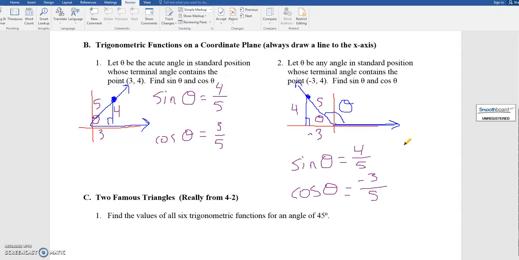That's the new part in this video: now we can have trig ideas that are negative, formed in different quadrants of the coordinate plane. A few key things to take away are that you can have negative sides on your triangle, and as long as you remember to draw a line straight to the x-axis, that is a key part of solving these kinds of questions.